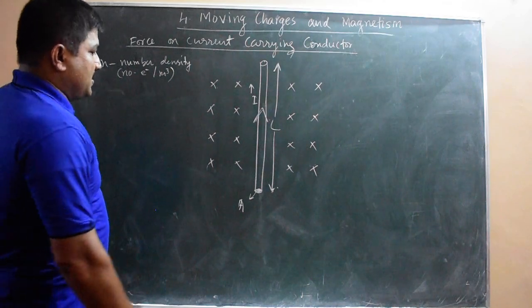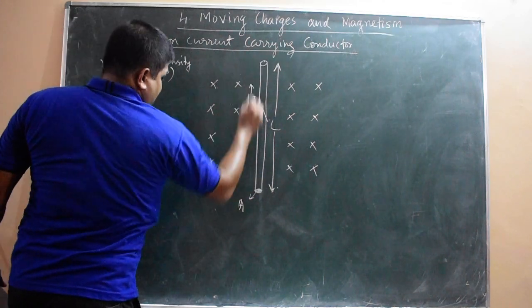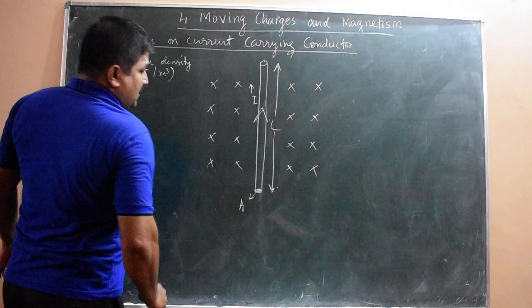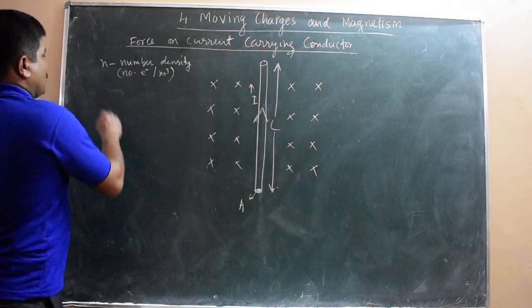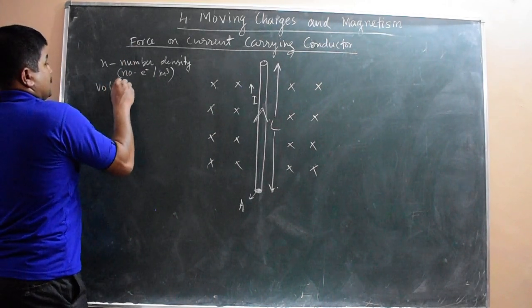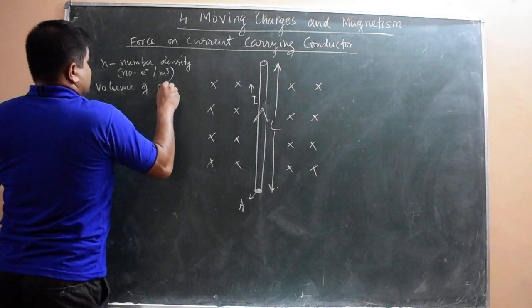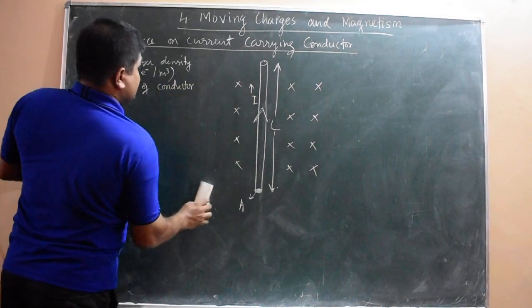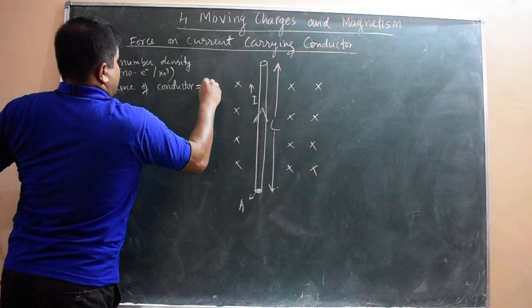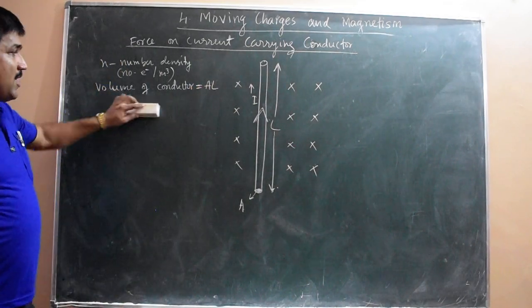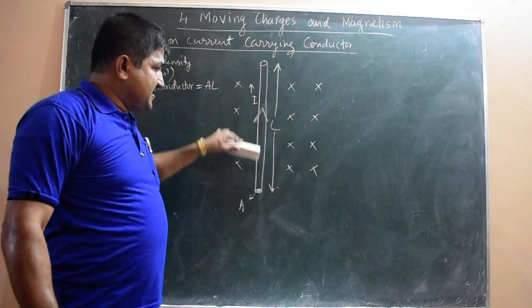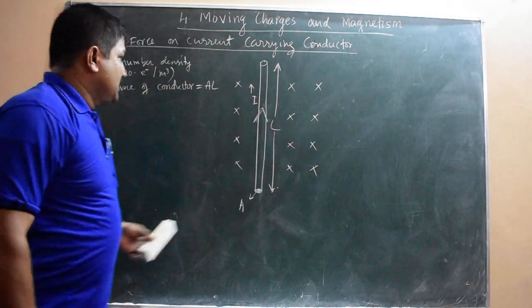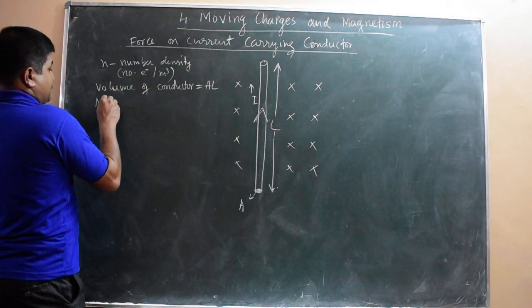So let N be the number density of charge carriers in the conductor, with length equal to L and area equal to A. So volume equal to how much? Volume of conductor is A into L. Then how many charge carriers are present in this volume of the conductor?